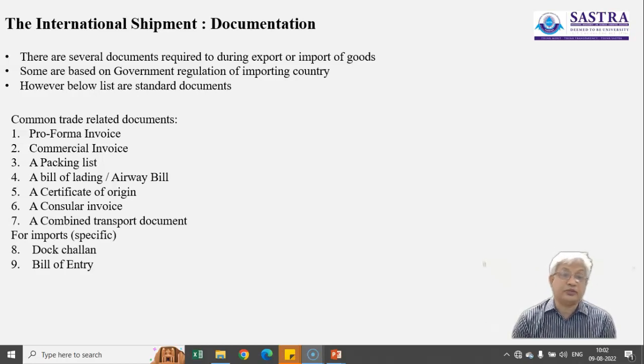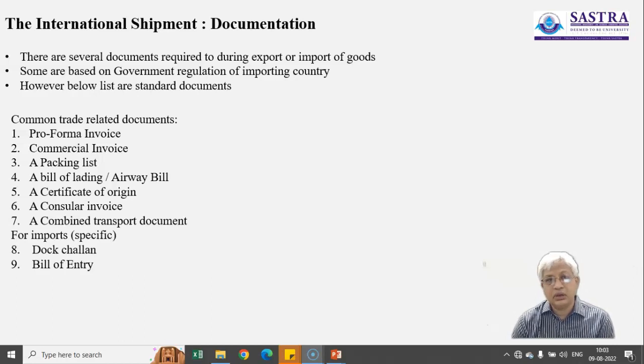Then a combined transport document. Well, this depends on the mode of shipment. If you're using only sea, then the company need not release this document. For imports in specific, along with all the above, there is a dock challan and a bill of entry.